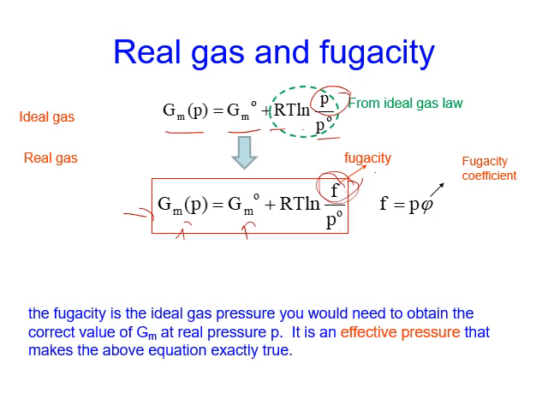Fugacity is the ideal gas pressure you would need to obtain the correct value of molar Gibbs energy at the real pressure P. So we want to keep the form, and we need a fugacity that gives the correct molar Gibbs energy using the same format equation. This can be considered as an effective pressure that makes the above equation exactly true.